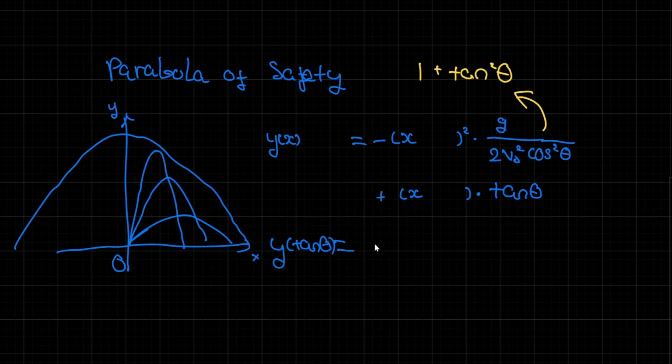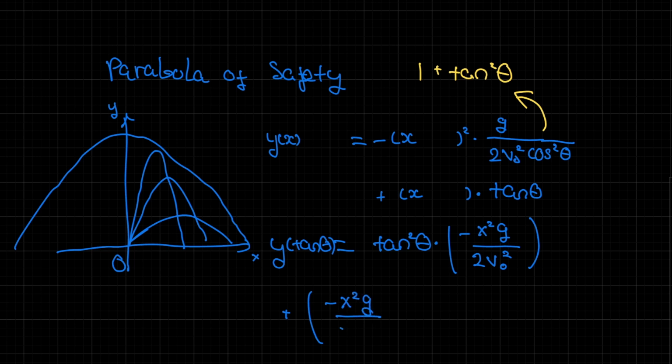So you have tan theta times minus x squared g over 2v0 squared, and also plus x times tan theta.